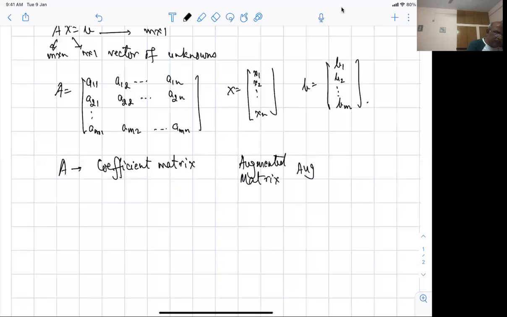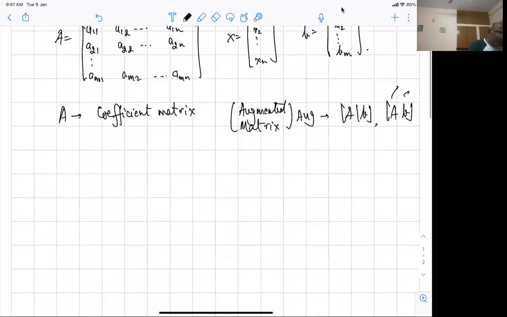AUG was nothing but A and B. Sometimes we may just write AB like this. Depending on the requirement, we may keep changing our notations here and there, so don't worry about it. Either you can put a vertical line or you need not. But as soon as you have the coefficient matrix and the RHS, B, you have the augmented matrix.